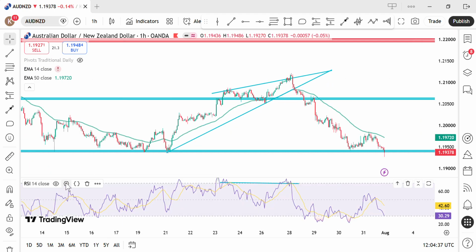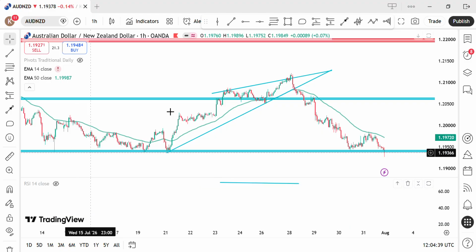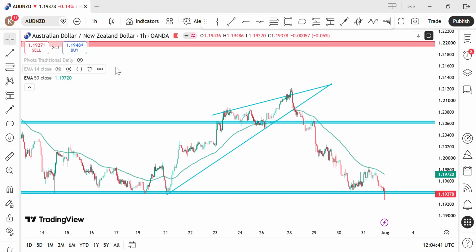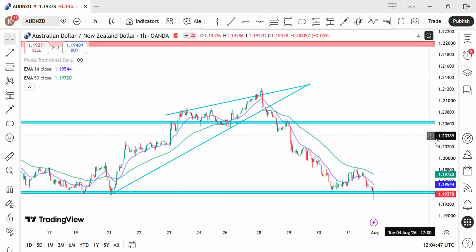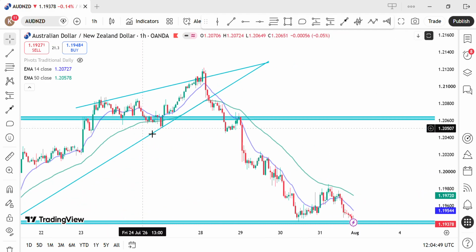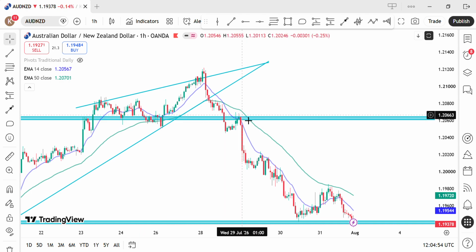Let me close this. So this is what we had. When the price made a lower low, it pulled back and rejected the 14 EMA and then the 50 EMA crossover, and it bounced with a bearish engulfing candle.